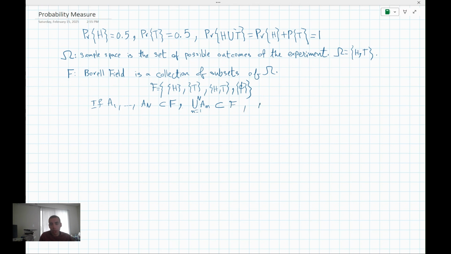Also, the intersection of events A1 to capital N has to be in the field, and N can be countably finite or countably infinite, sorry.